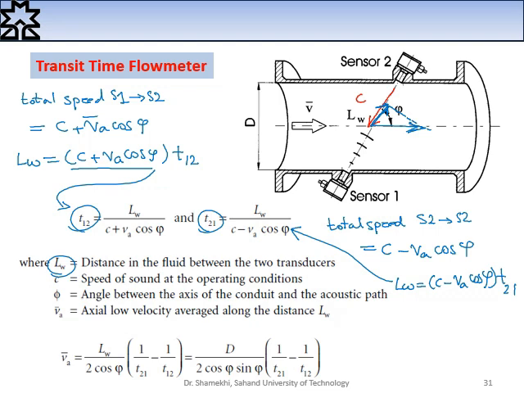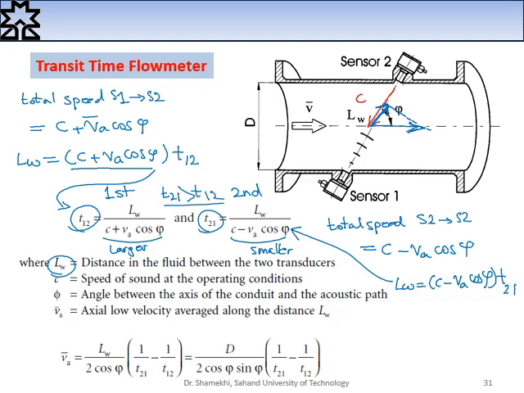And because of the smaller denominator of the second fraction compared to the first one, T21 is larger than T12.